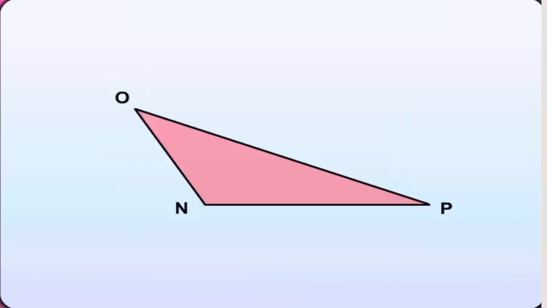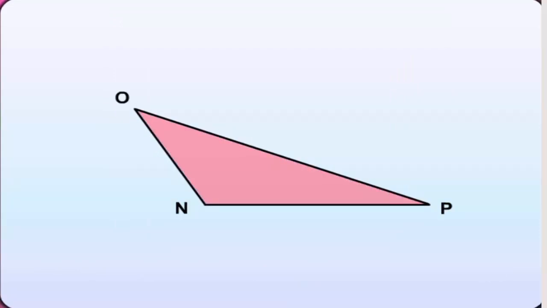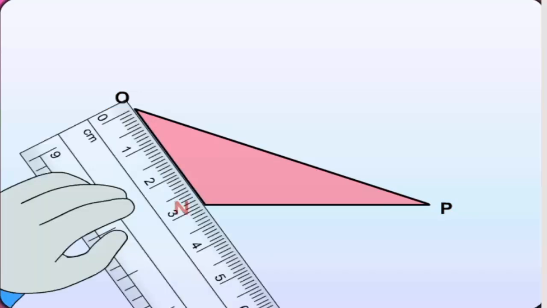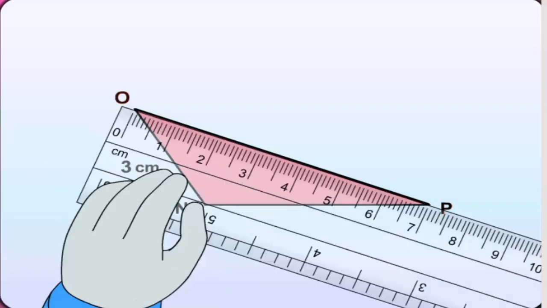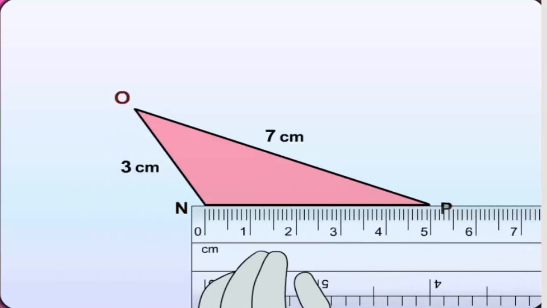Now let us measure the length of the sides of the triangle NOP. Here, NO is 3 centimeters long. OP is 7 centimeters long. And PN is 5 centimeters long.